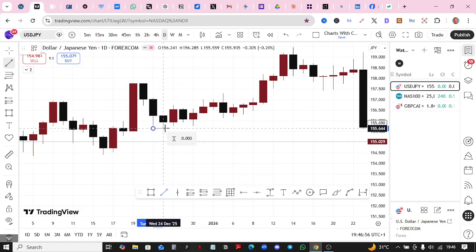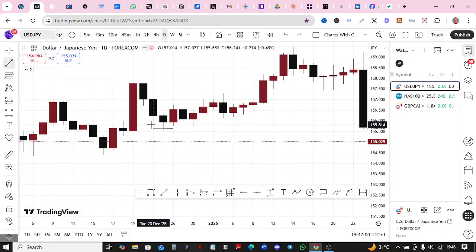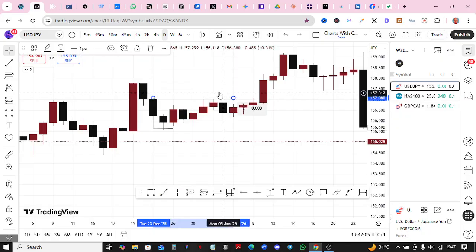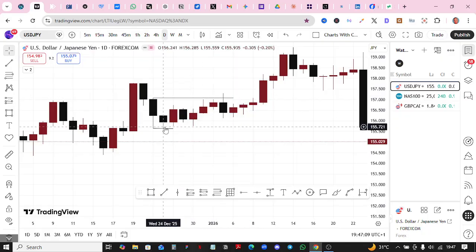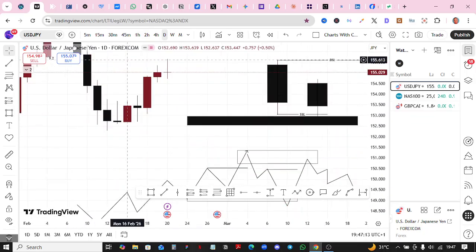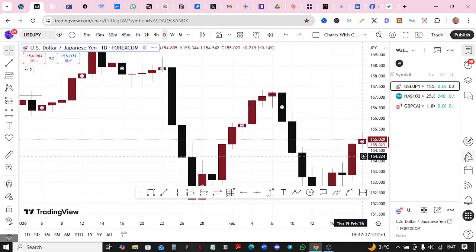See how price swept here and continued buying up. We bought to this high. So how price reacted after taking that high. So that is the CRT high. So this is the sell side liquidity. This is the buy side liquidity. Case scenario, this is it. Sell side liquidity, buy side liquidity.